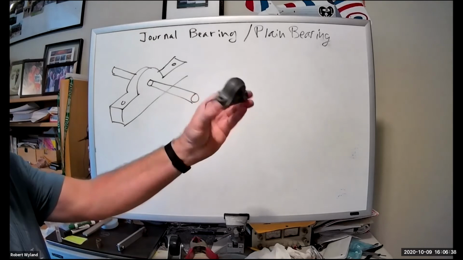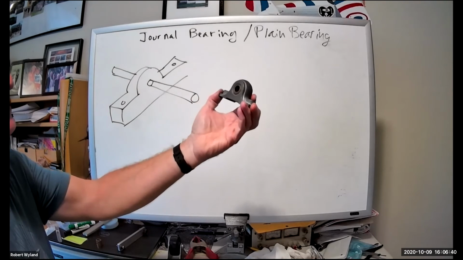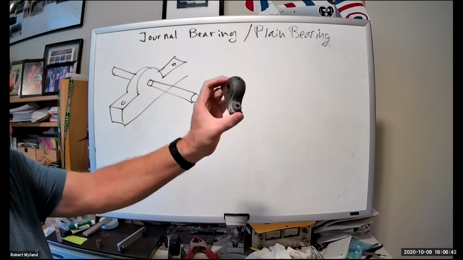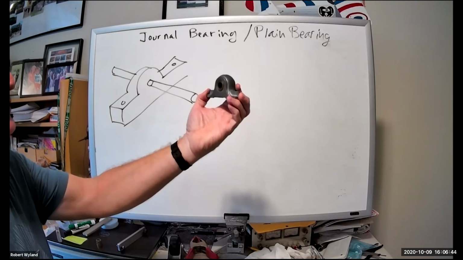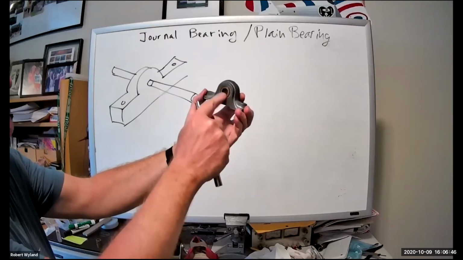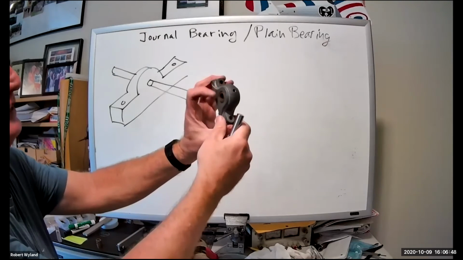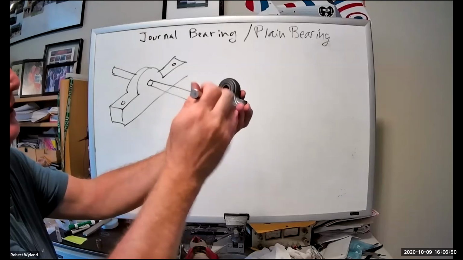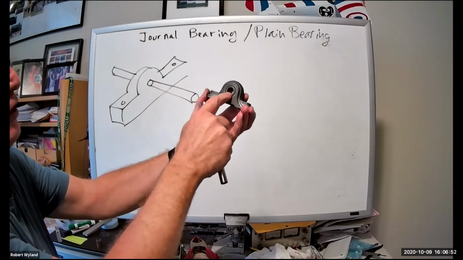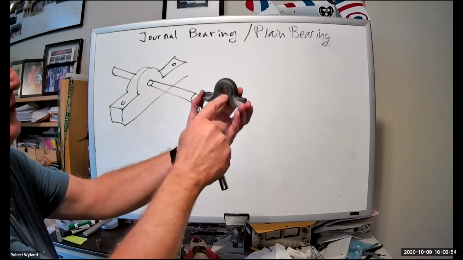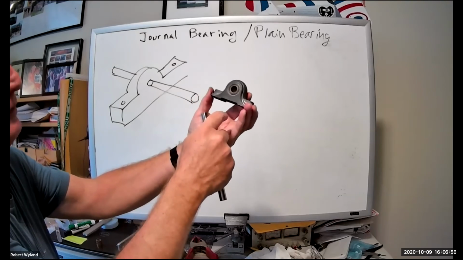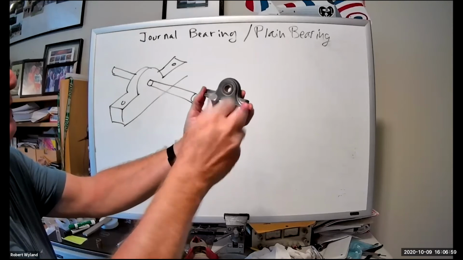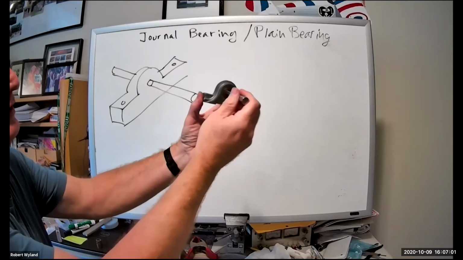So this is what the bearing looks like. And the reason that it's often called plane, particularly if you're searching through McMaster-Carr and such, is there are no ball bearings. There's nothing fancy about this. It's just a smooth, low friction surface. In this case, it's bronze. It's probably impregnated with oil to make it nice and smooth.